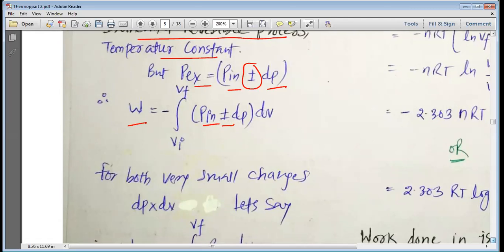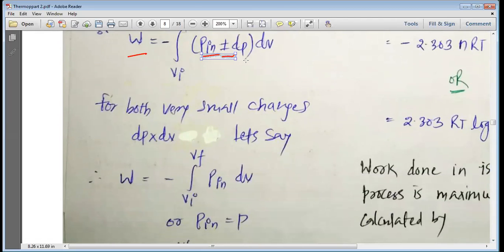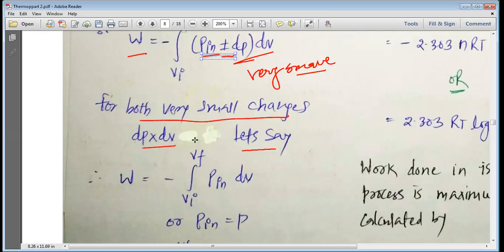But we know that dP and dV are very small changes. Both these changes, dP and dV, are very small, because we do the process in infinitesimally small steps. That is why, for both very small changes, dP into dV is approximately negligible, and let it be neglected.